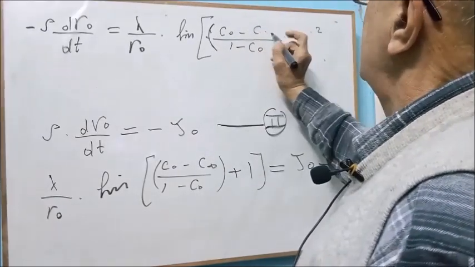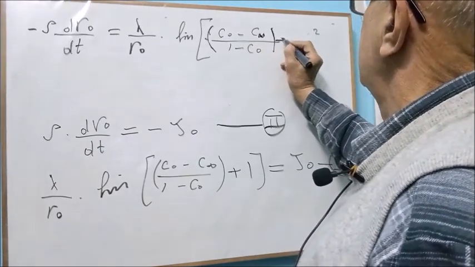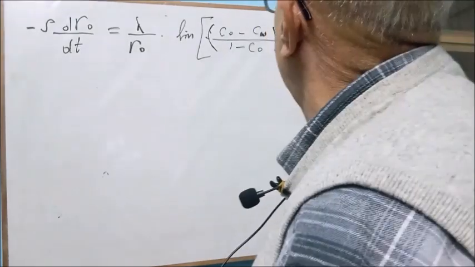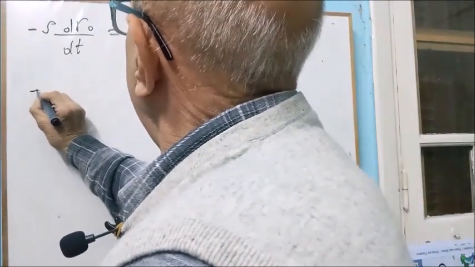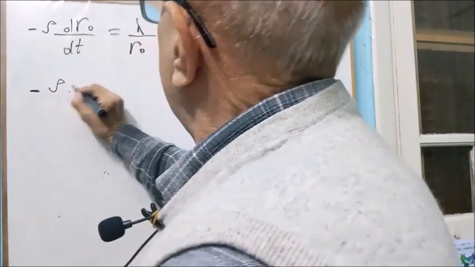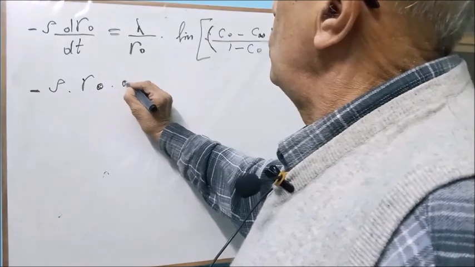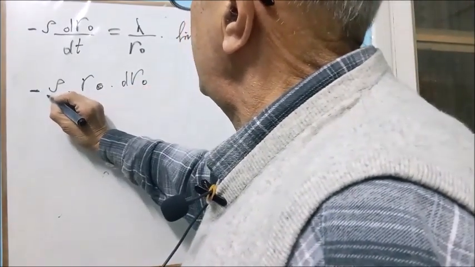Let's write infinity better. Sorry, my handwriting is not all right. Okay, it's okay here. So by cross multiplication, it is minus rho times R0 dR0. It is x dx, as if it is x dx.